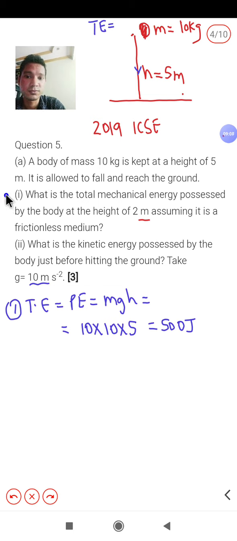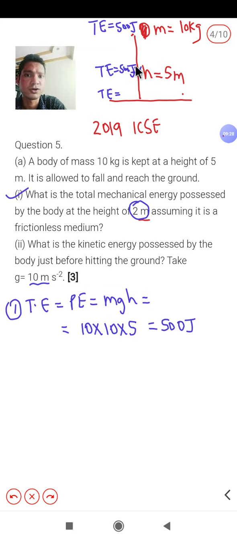So first part, what is the total mechanical energy possessed by the body at height 2 meter? Suppose that this is 2 meter. Here the total energy will remain constant. Total energy at each and every position will remain constant, and that is 500 joule.